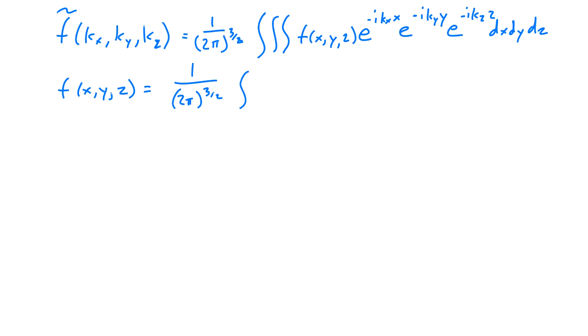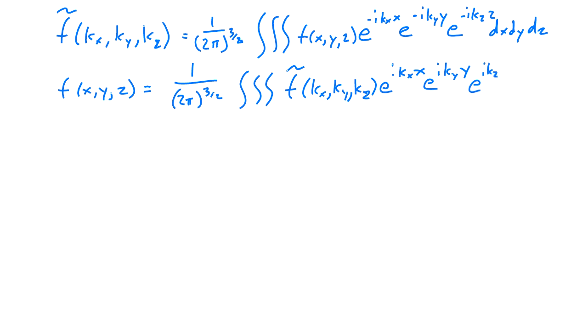You have 3 integrals. You have your inverse transform of kx, ky, kz, and then you have your exponentials, e to the i kx x, e to the i ky y, e to the i kz z, dkx, dky, dkz. So it's very simple.